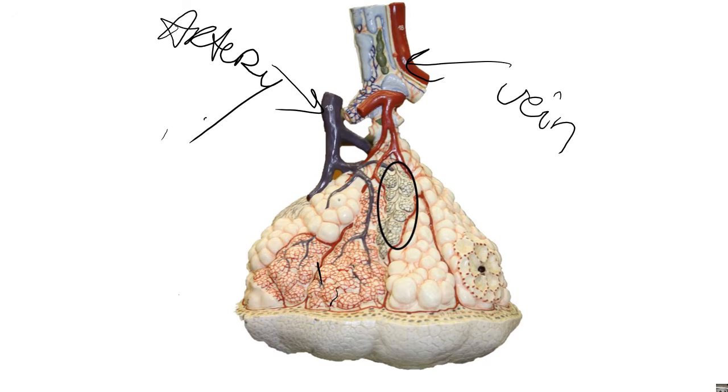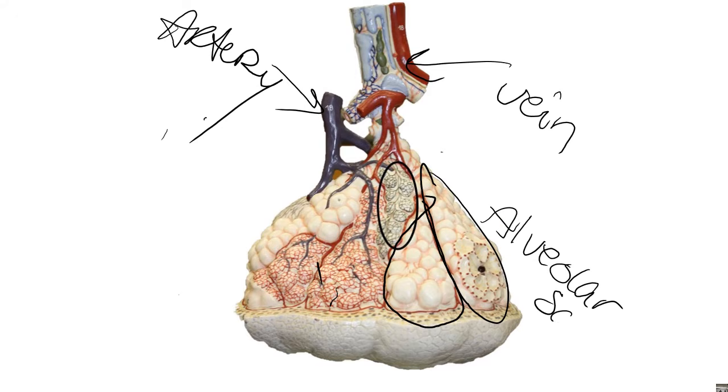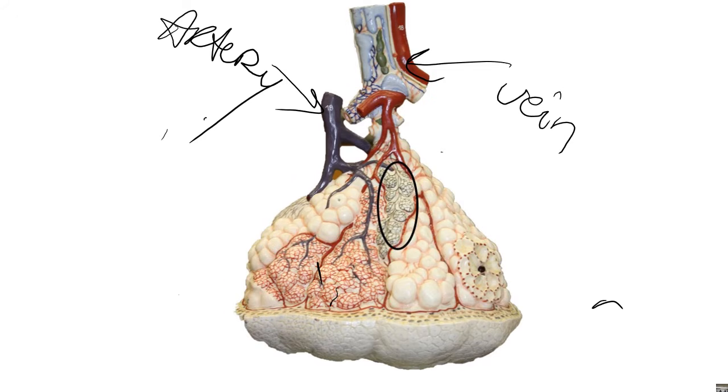Also, I could show you, like I could circle one of these, right, or like one of these like this, and that's an alveolar sac. Okay, a group, like a grape-like cluster of alveoli. And those alveoli are all arranged around what we call an alveolar duct. So coming down like the center of this sac right here, we have a duct.